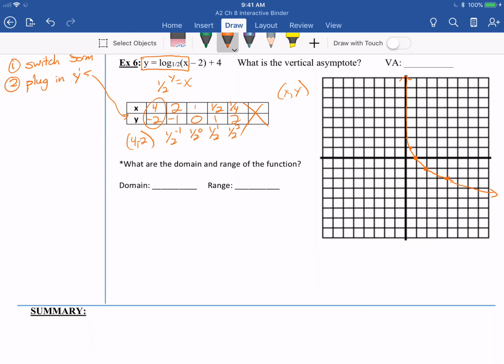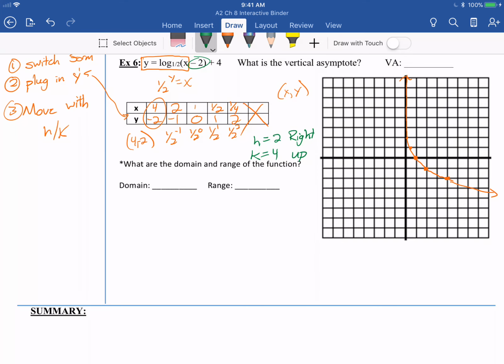But now I have to make sure that I move with h and k. As I move with my h and my k, I know that my h equals 2 and my k equals 4. Remember, your h is the opposite of what it looks like, so that moves it right 2 and up 4.